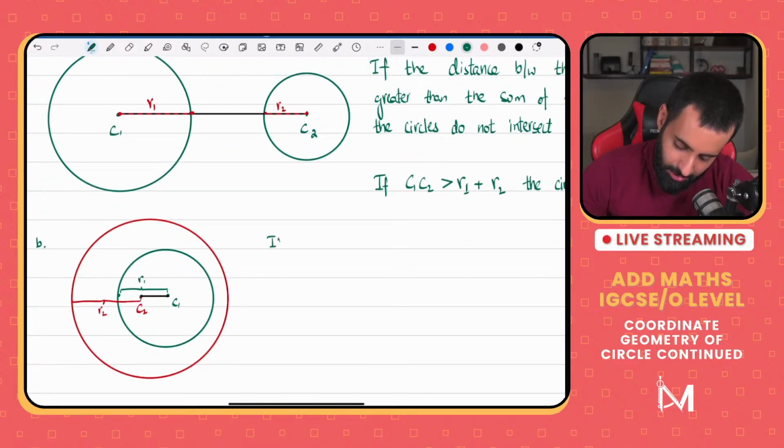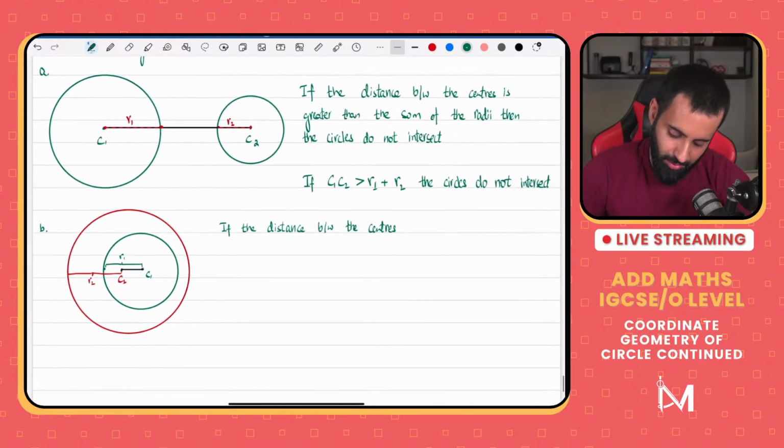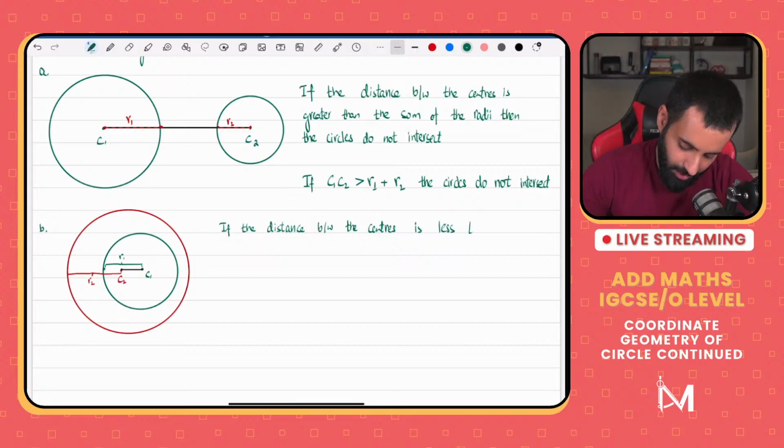So I'll write this down. If the distance between the centers is less than the difference between the two radii.